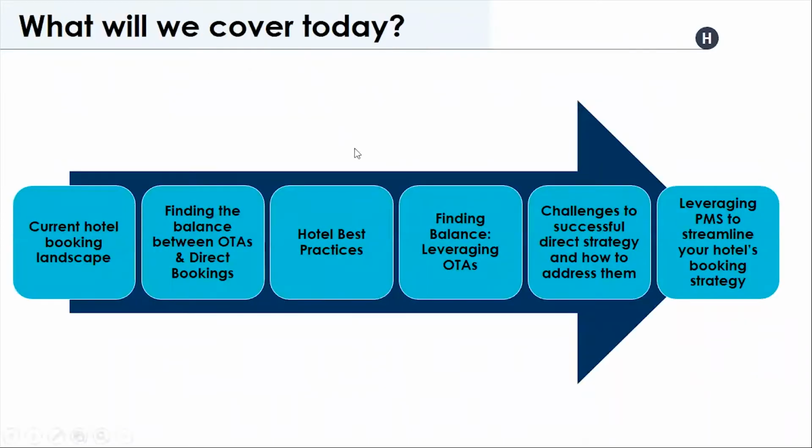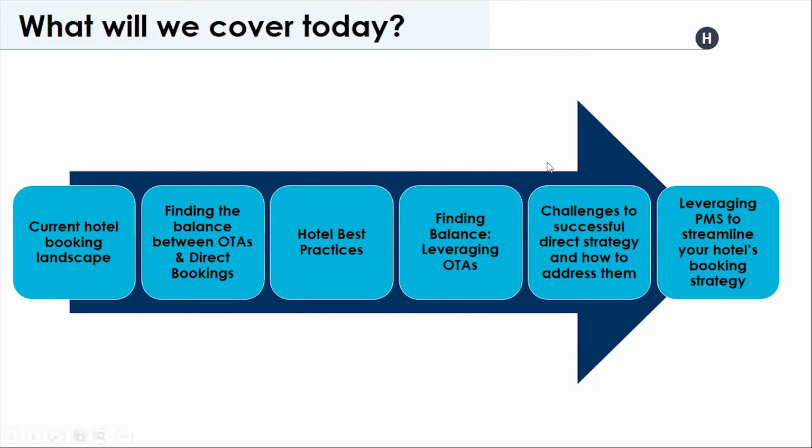For today's webinar, we're going to cover broadly these 6 areas. We're going to start with the current hotel booking landscape. We're going to talk about how important it is for a hotel to find a balance between OTAs and direct bookings. Moving on, we'll talk about some best practices hotels are following these days. Then we'll see how OTAs and direct bookings can be juggled in between.